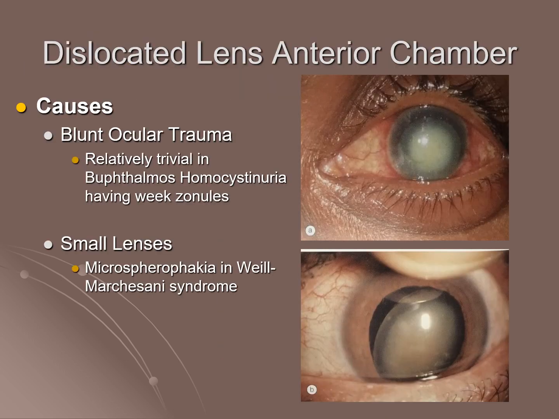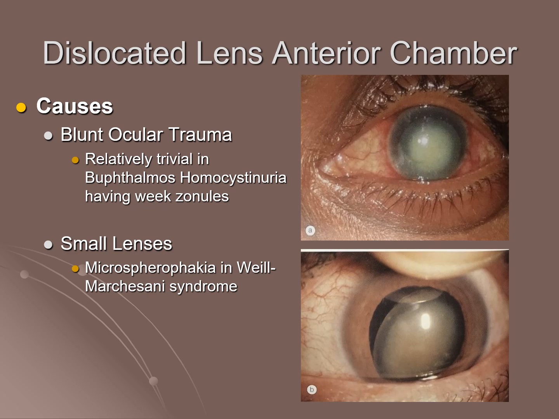And other types of glaucomas due to lens shape occur when the lens is dislocated into the anterior chamber and blocks the pupil. The causes are blunt ocular trauma, where even a relatively trivial trauma may be sufficient to cause dislocation of the lens in ectopia lentis and homocystinuria having weak zonules.